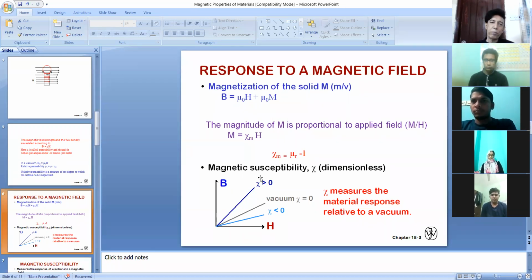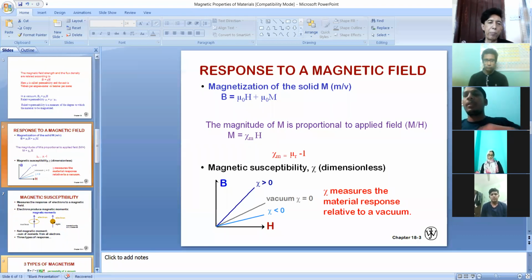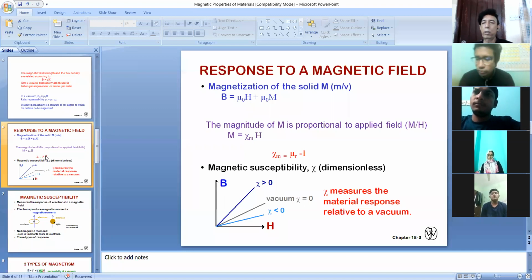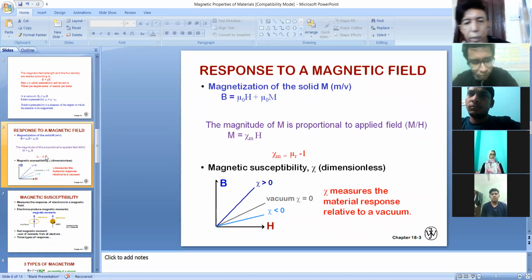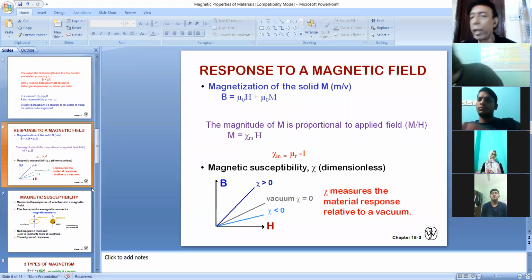So these are some definitions which we have to know. What is magnetic susceptibility? What is permeability? And what is B and what is H?